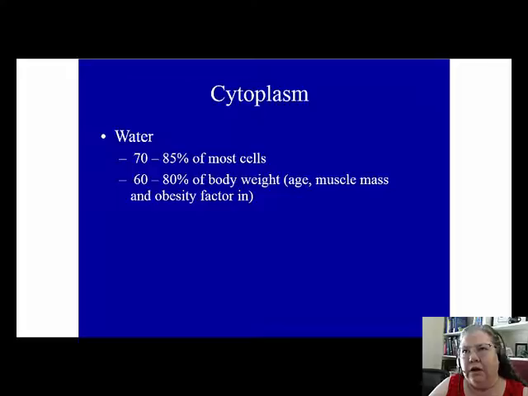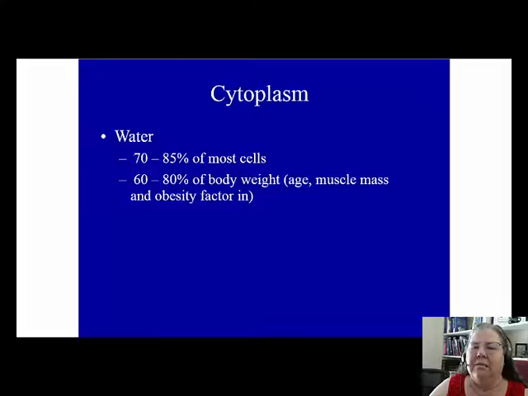Water within which are solutes, and we'll talk about the solutes because an awful lot of life processes are dependent upon those solutes. 60 to 80% of body weight is water, and that is certainly dependent on some other variables.